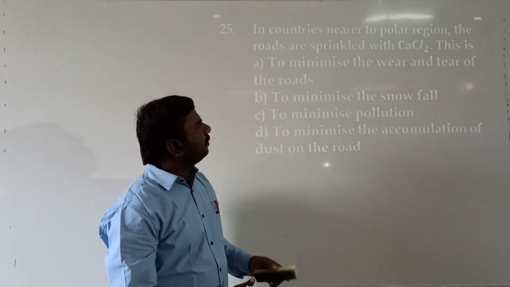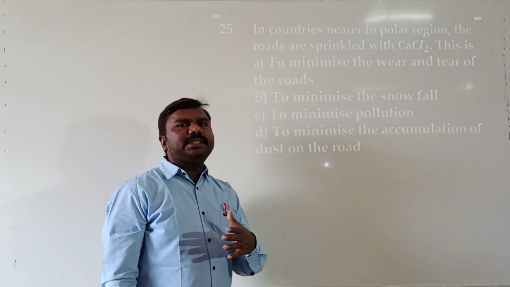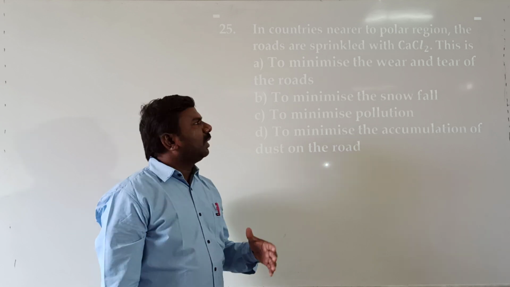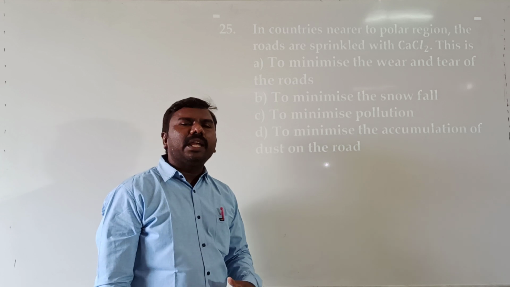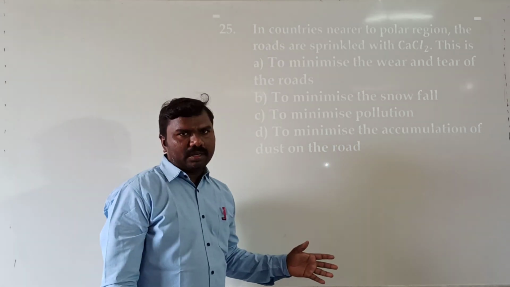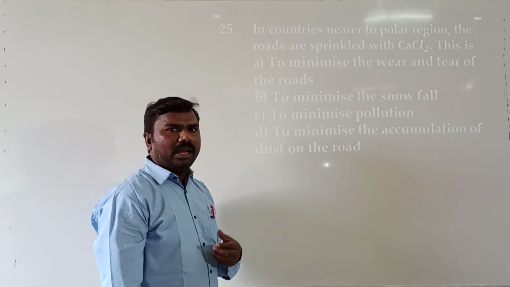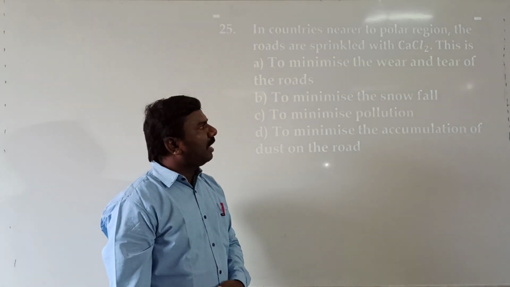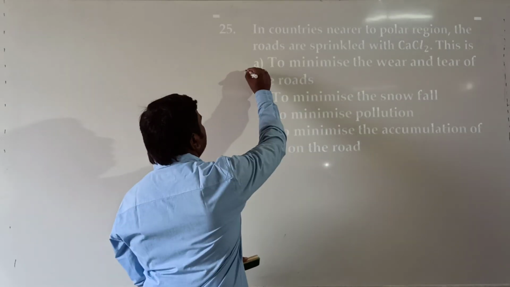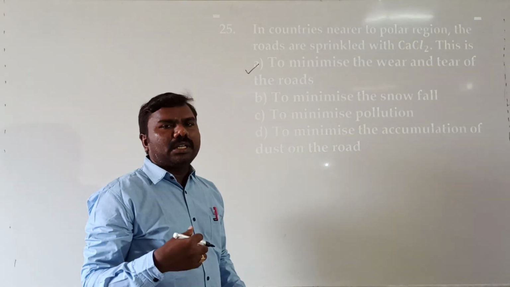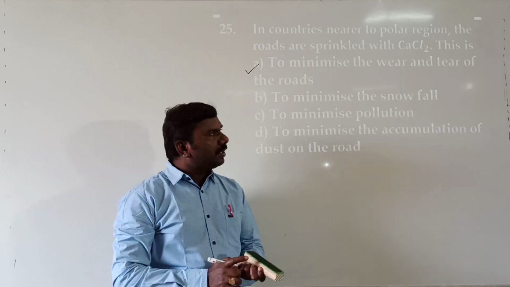So if you decrease the freezing point, you can easily remove the ice on the roads, and then the roads will not suffer wear and tear. It means they will not spoil or crack. So to minimize the wear and tear of roads, we use anhydrous CaCl2. Otherwise, the scientific reason is to decrease the freezing point of a solution. Right? Next.